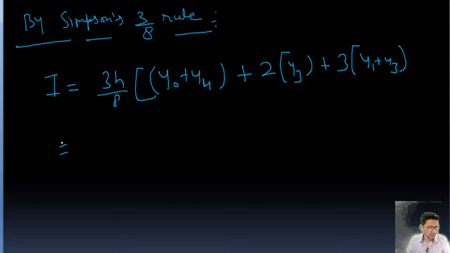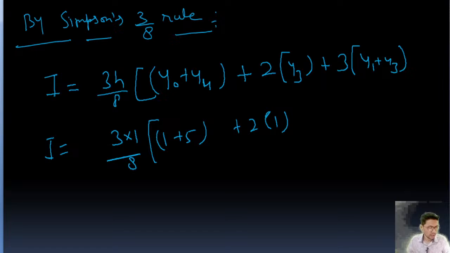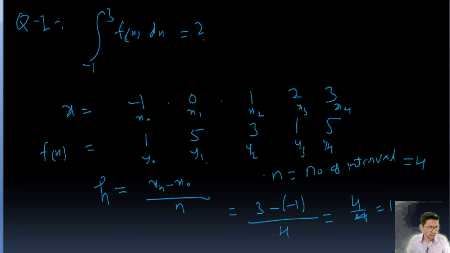Okay, so I is going to be 3 into 1 upon 8, y0 and y4, 1 plus 5, right? And 2 into y3, y3 is 1.